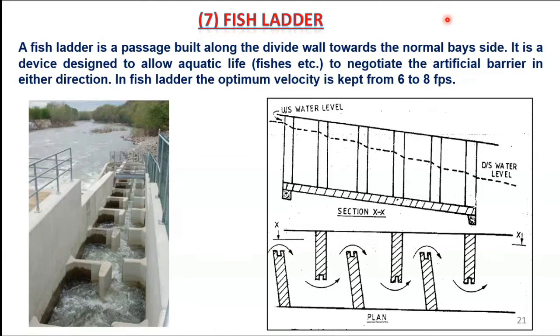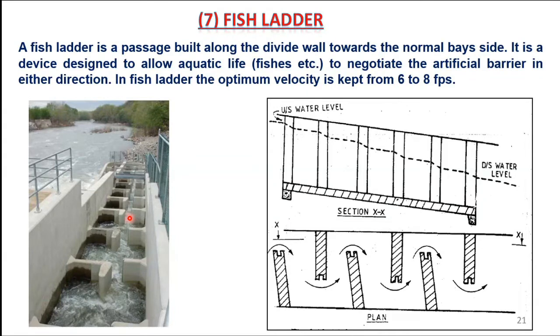So actually, what is a fish ladder? A fish ladder is a passage. It is built along the divide wall towards the main bay portion. The main purpose of providing this fish ladder is that once we construct a barrage, we basically construct a barrier.